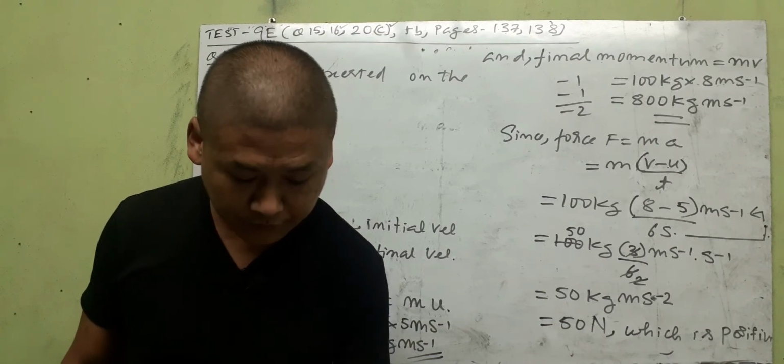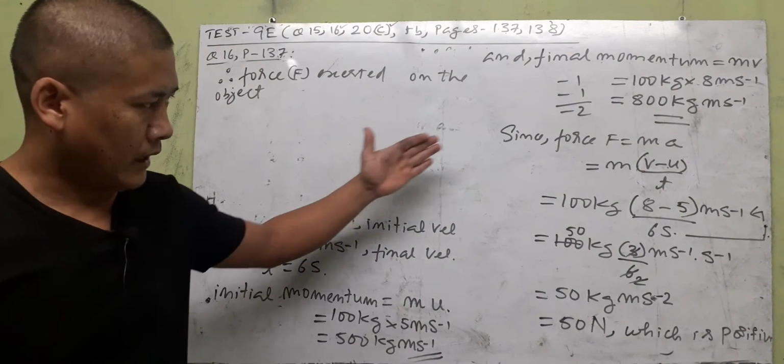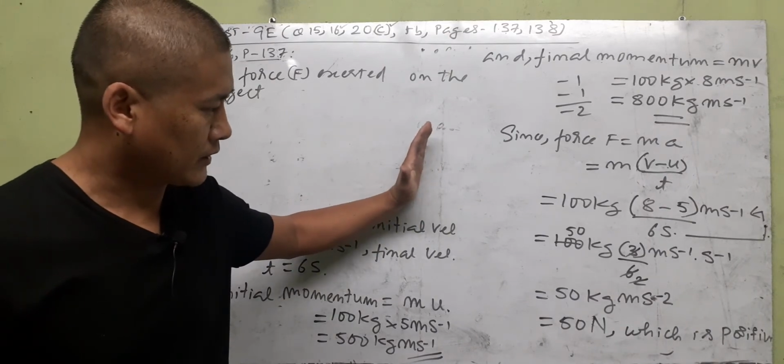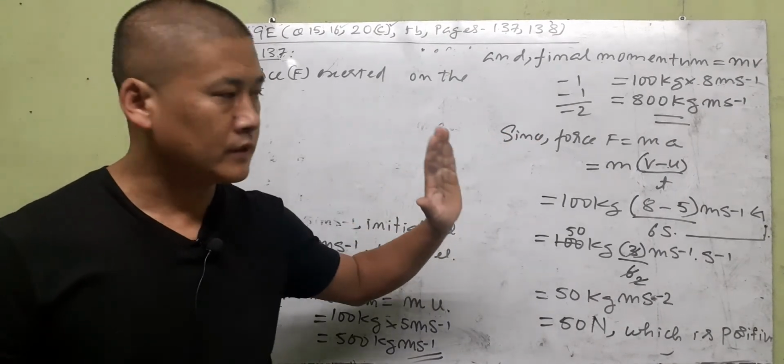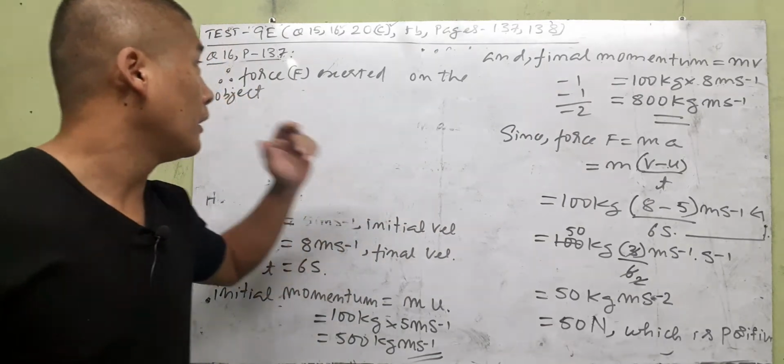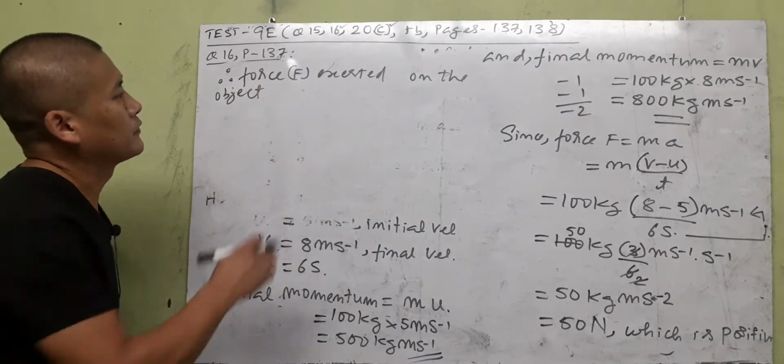Force exerted on object to have this high velocity from uniformly accelerated motion, to increase from 5 to 8 meter per second. How much force exerted? That's what the question is asking.